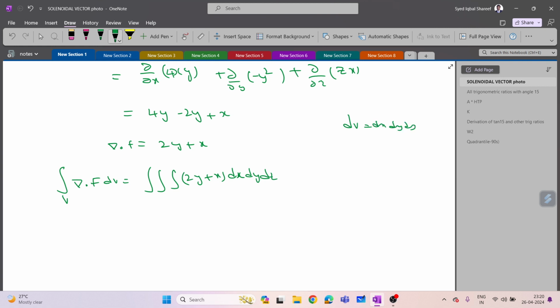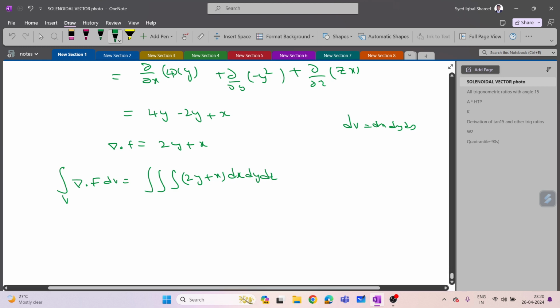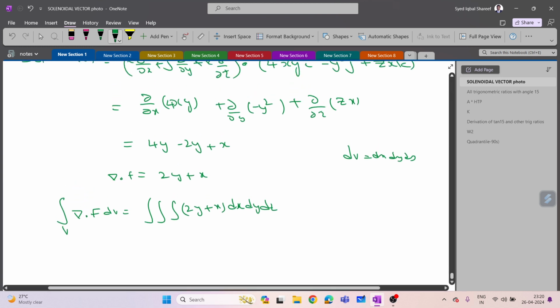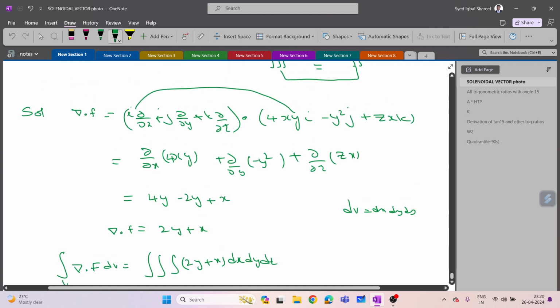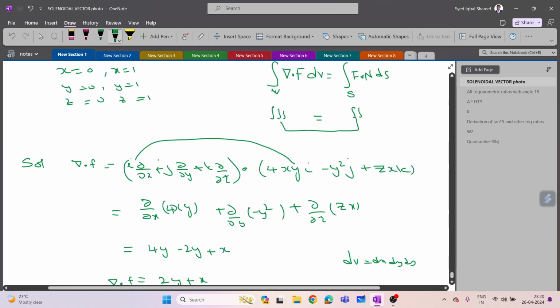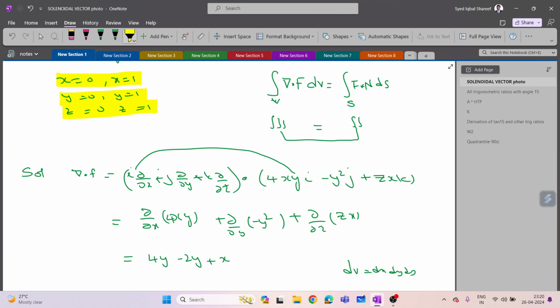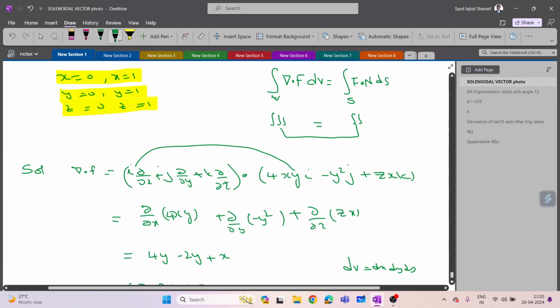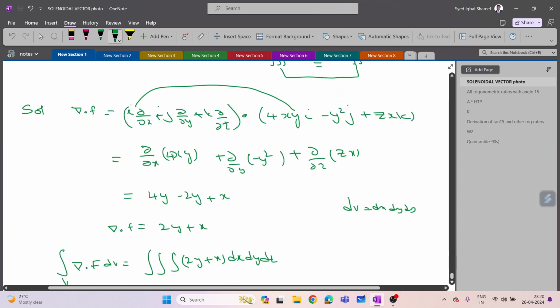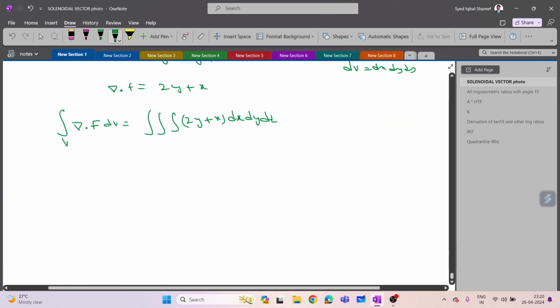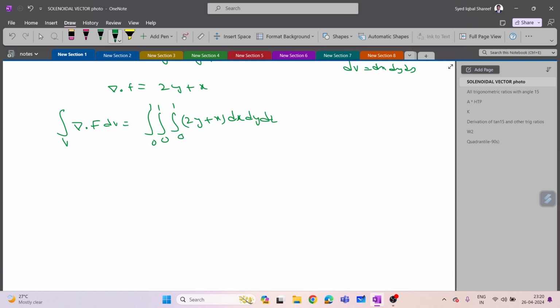The problem has given the boundaries: x equal to 0 to 1, y equal to 0 to 1, z equal to 0 to 1. All are 0 to 1, so we don't have to worry about the order.